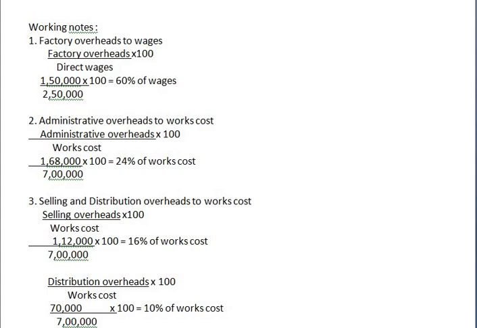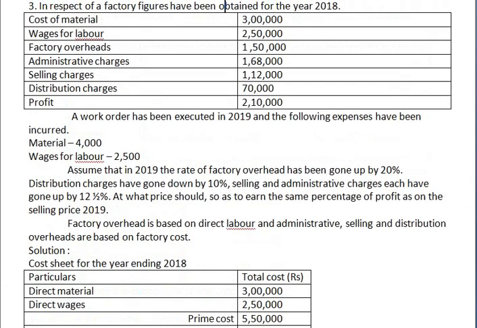Okay, so one more working note we need to calculate. Profit percentage also is given in the problem. Assume that in the year 2019, the rate of factory overheads has gone up by 20%. At what price should so as to earn the same percentage of profit as on the selling price of 2019?